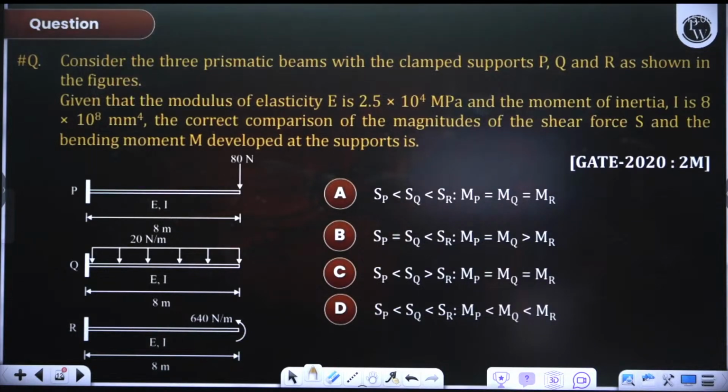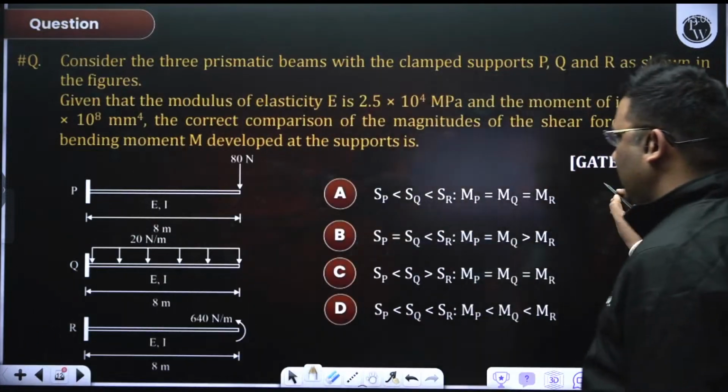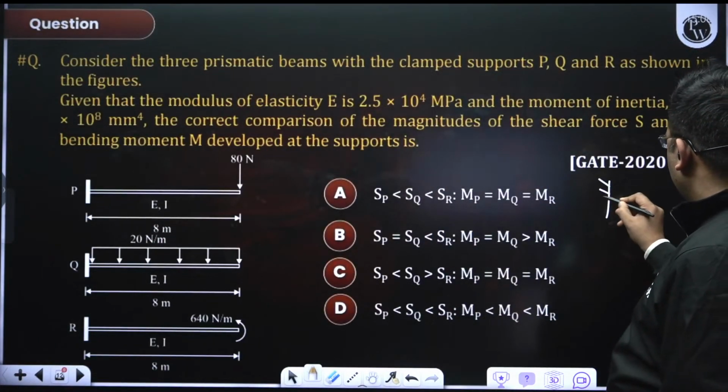They have asked the shear force and bending moment at the supports. So shear force and bending moment at the supports for a cantilever beam is actually the support reaction and the support moment only, right? So indirectly they are asking you to find out the support moment and support reaction. I'll just simplify this. There are 3 cantilever beams.